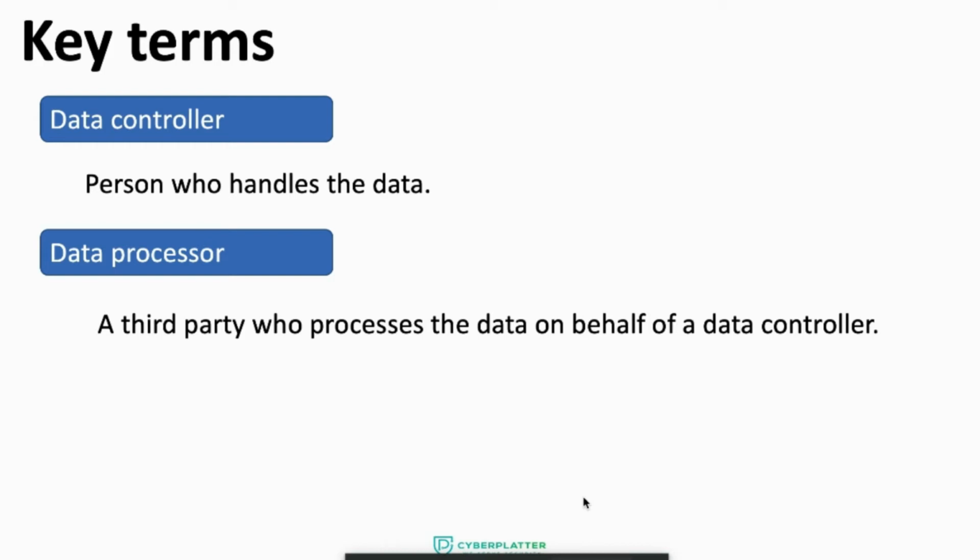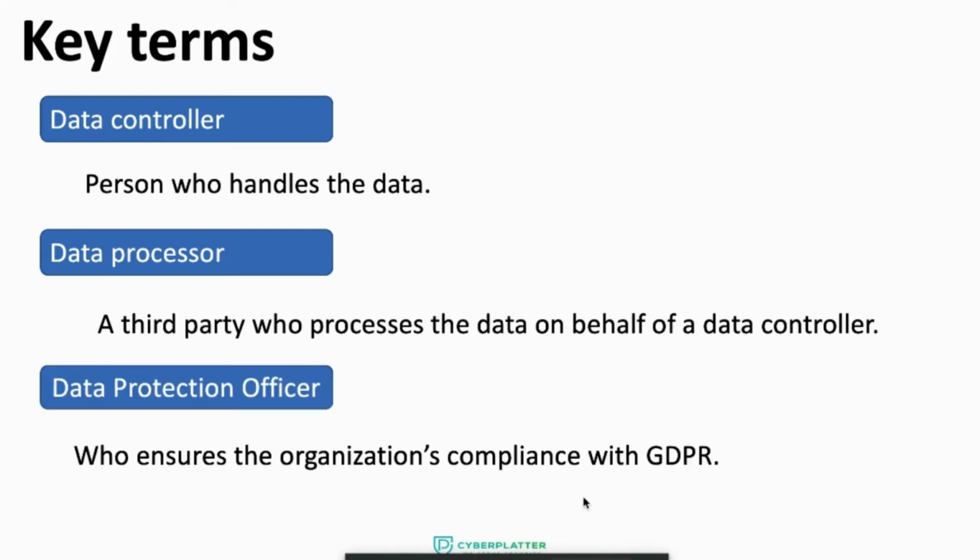Some organizations might outsource certain functionalities like hiring, payroll processing, etc. In those situations, the third-party company is the data processor. Data protection officer. Under certain conditions, organizations are required to appoint a data protection officer, and the data protection officer ensures that the organization is compliant with GDPR.